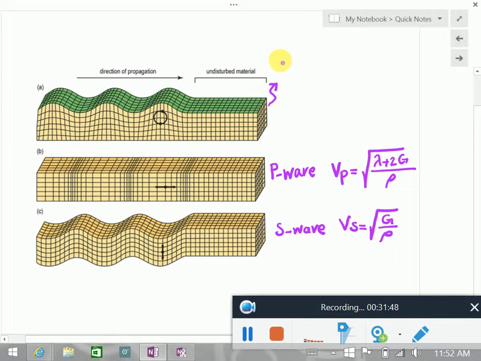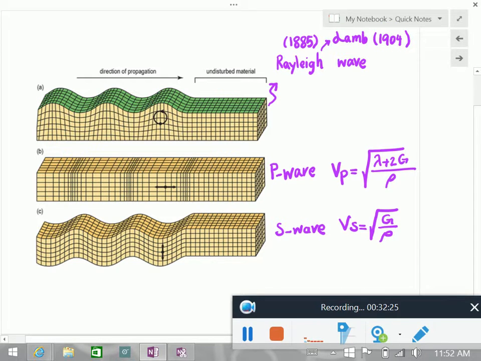It's better to call it Rayleigh waves because we have several types of surface waves. This was discovered by Lord Rayleigh in 1885, a long time ago. Later on, a lot of work was done by Lamb, if you remember Lamb's constant, in 1904.